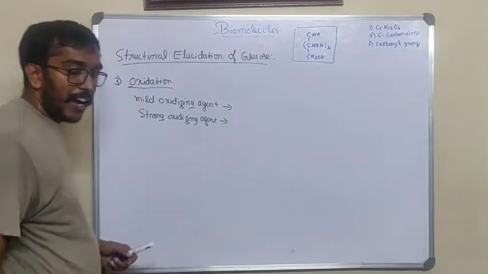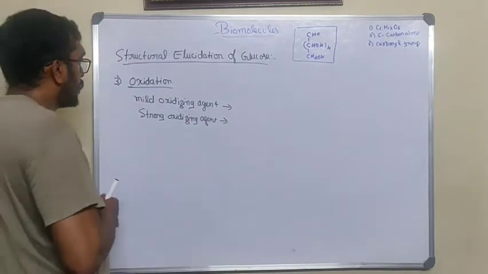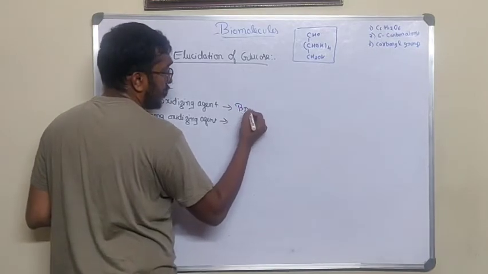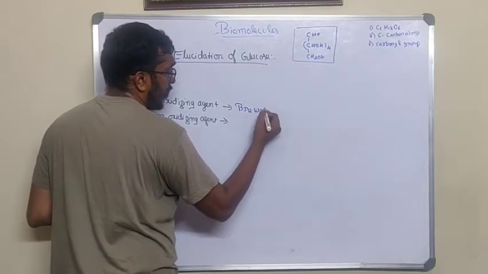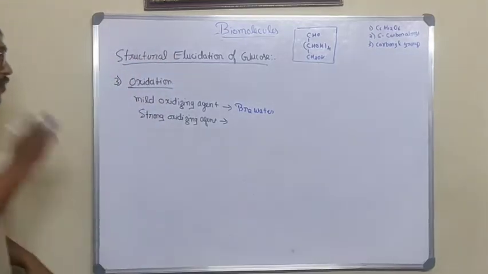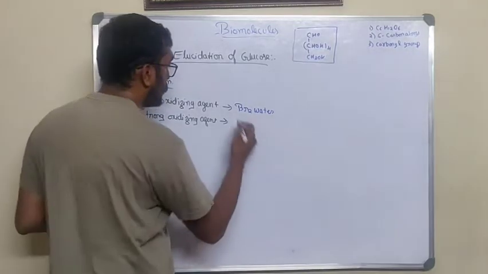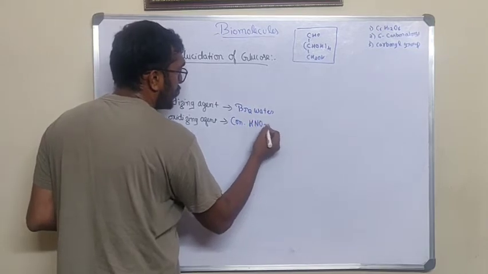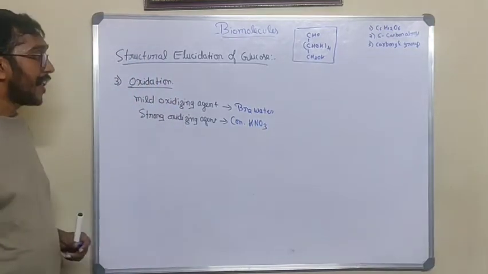Which mild oxidizing agent am I going to use here? Bromine water. Bromine water is a mild oxidizing agent. What about the strong oxidizing agent? I am going to use concentrated HNO3, concentrated nitric acid.